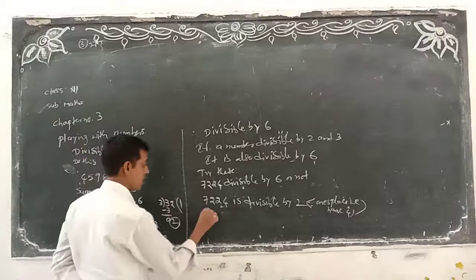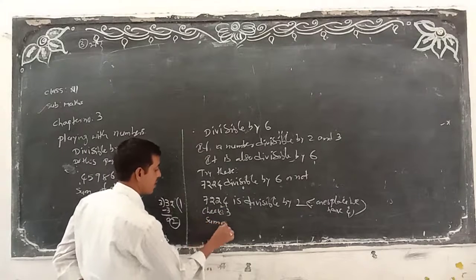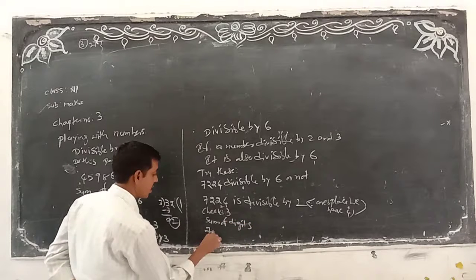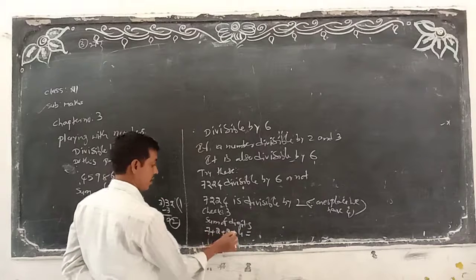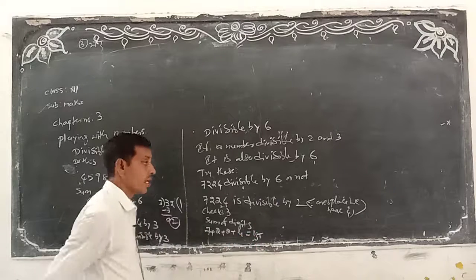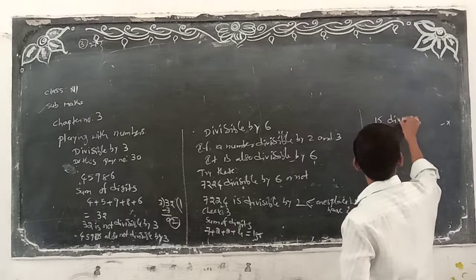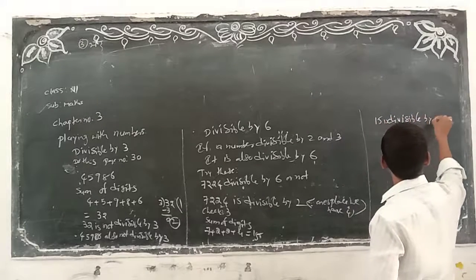Now checking with 3. Check with 3: sum of digits. 7 plus 2 plus 2 plus 4. How much? 15. 15 is divisible by 3.